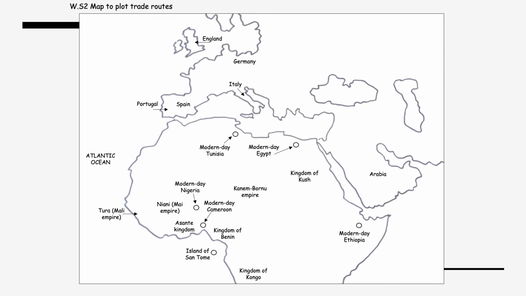So we could have a nice arrow going from Mali down here right up to Portugal, and we could colour code that and we could annotate that.